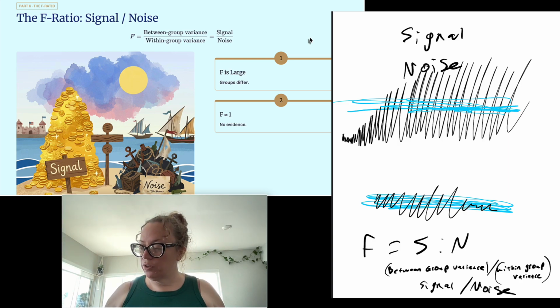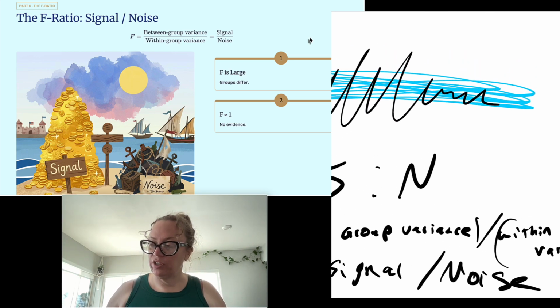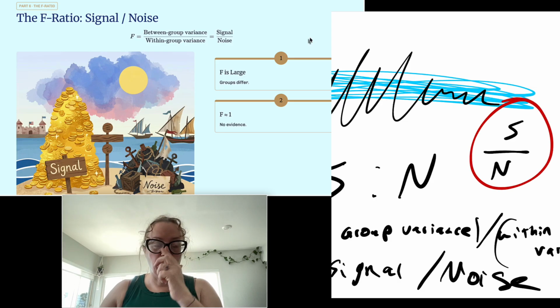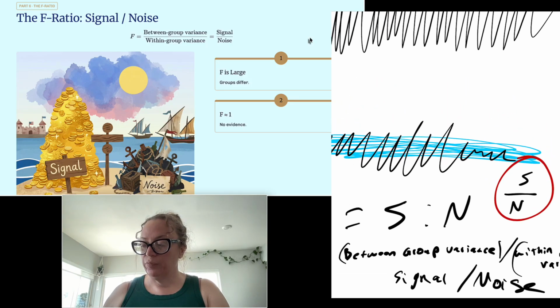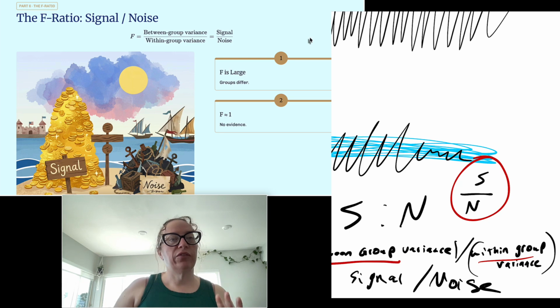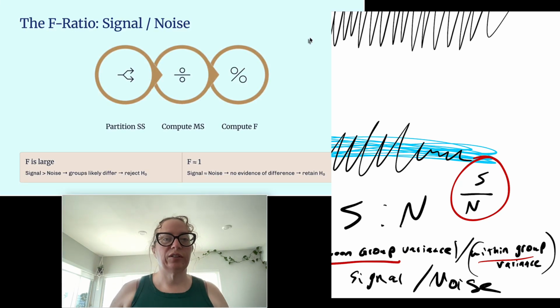So the bigger this fraction of signal over noise is, the bigger the F value, and the more we can conclude there is truly a difference, because there's a lot of between group variability and little within group variability. Hopefully that's making sense to you. If not, comment on the video and I can go into it in more detail.